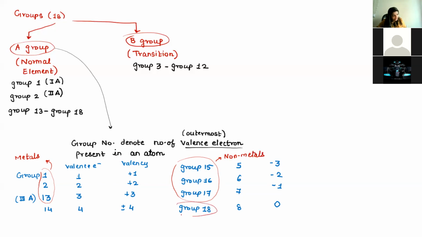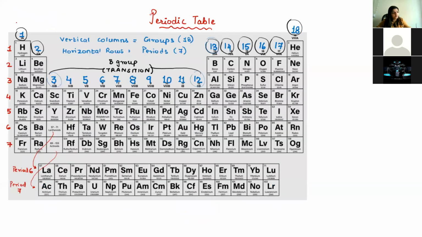And group 18 is a noble gas. Group 1 is called alkali metals. Group 2 is called alkaline earth metals. Group 13 is also metals, which is the aluminum family.